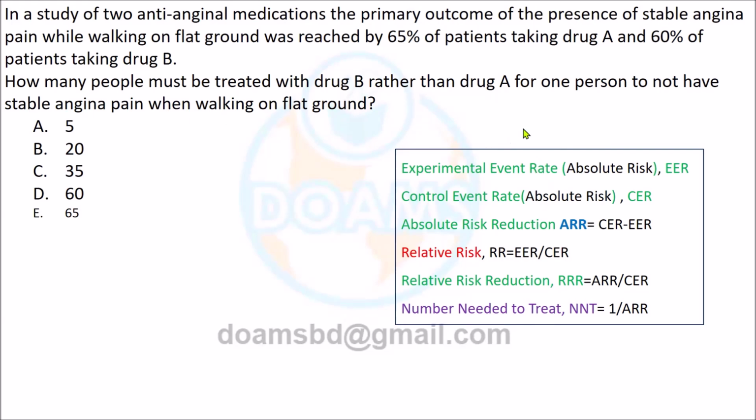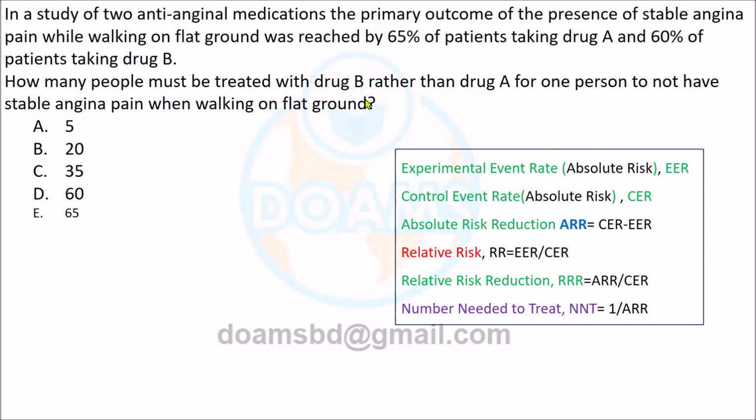So let's calculate now the 65 and 60%, what they're telling about the outcome of the presence of stable angina. So the control event rate for drug A, how many percent? Already given, the value is given, you don't need to calculate. The experimental event rate, if it is the experiment, which one?